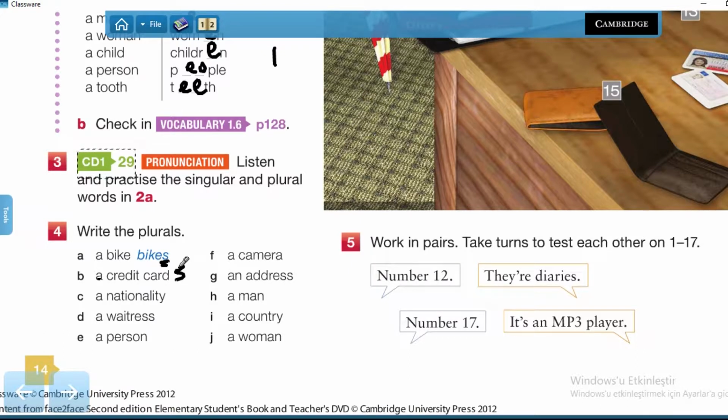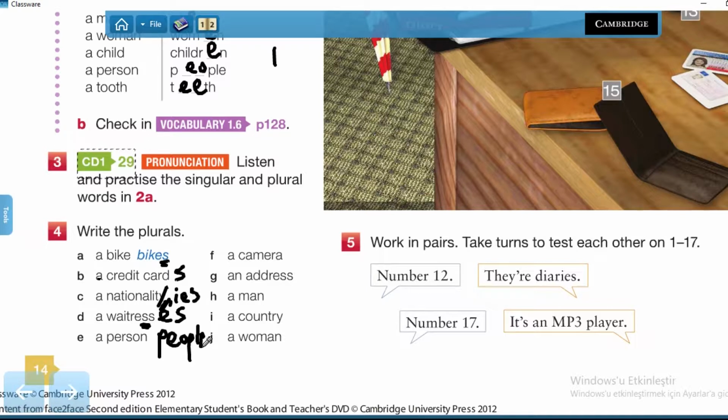As you see, nouns ending with Y, the Y drops and we add I, E, S. So, nationalities. A waitress. Nouns ending with double S, we add ES. A waitress, waitresses. A person. This noun is irregular. To make the plural form, we say people.